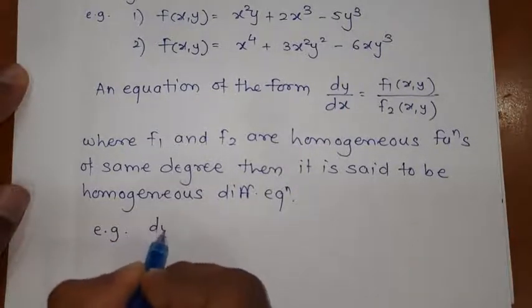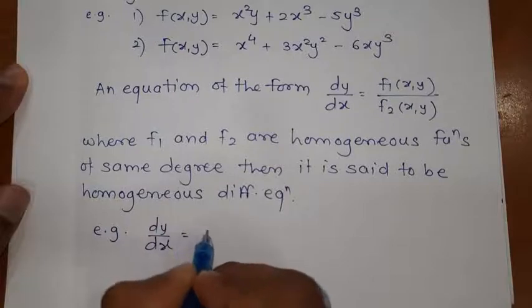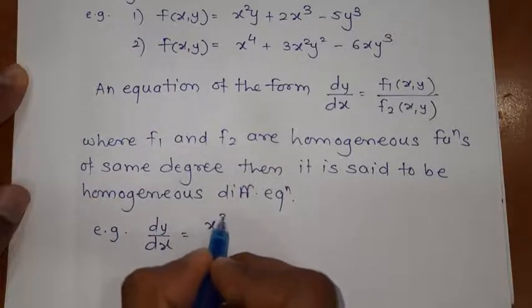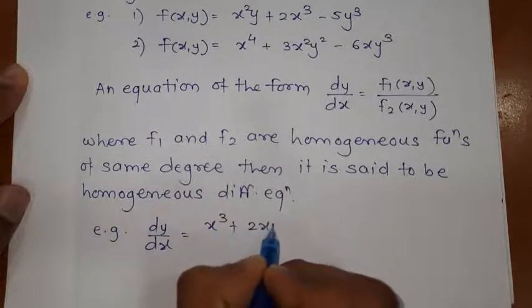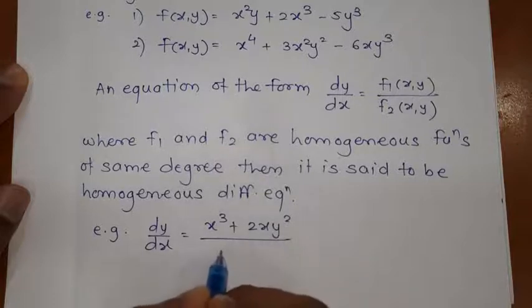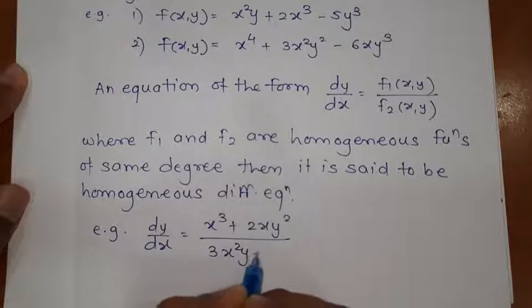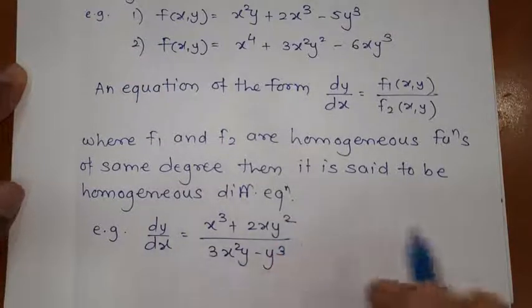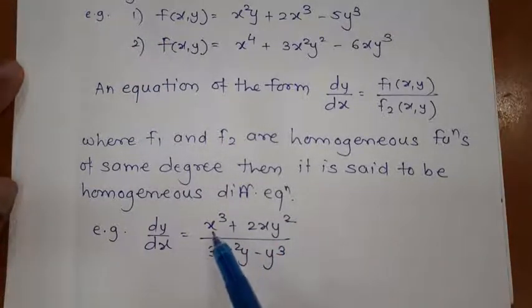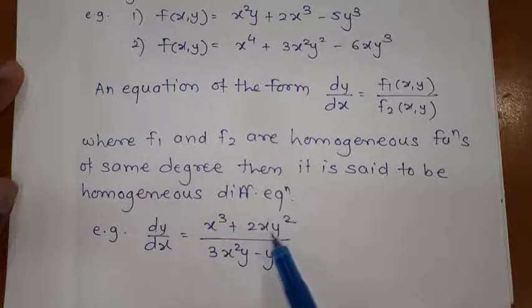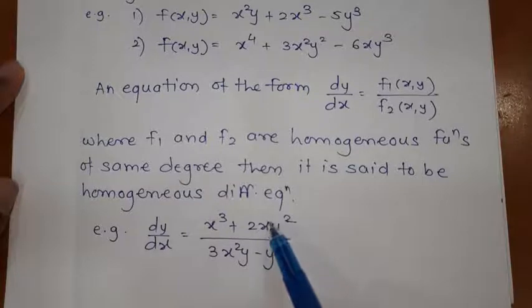dy by dx is equal to x cube plus 2xy square divided by 3x square y minus y cube. Now let us see. What is the power of x? 3. The combined degree of this term is 1 plus 2, which is 3.